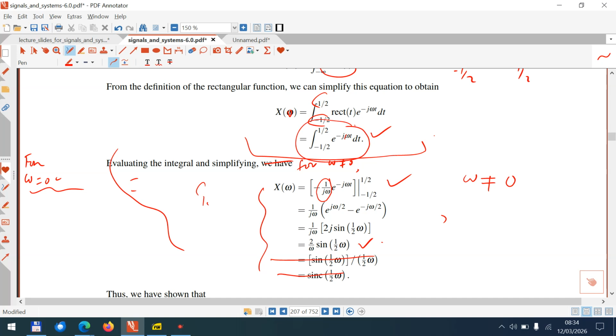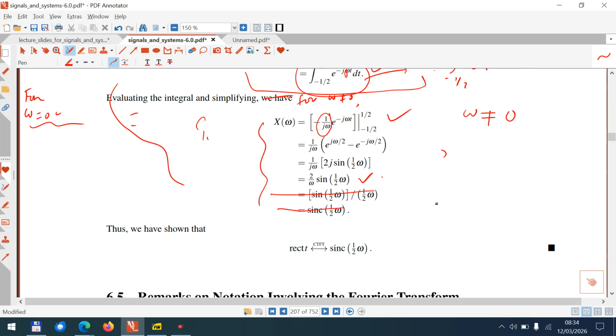This becomes 0. So what do you get out of this? Minus half, half, and exponential 0 is 1. So you just have dt. So what do you get at the end? 1. So you will have to write it like that, that X of omega, I'm now writing it, okay?